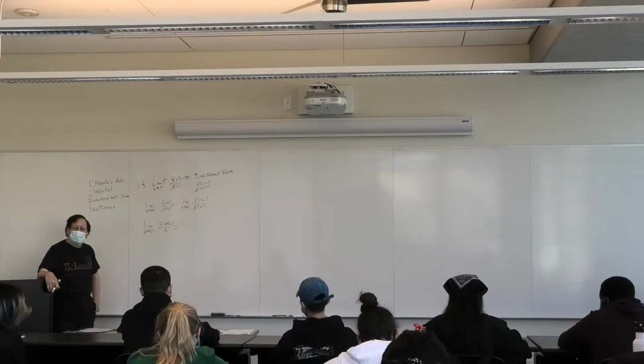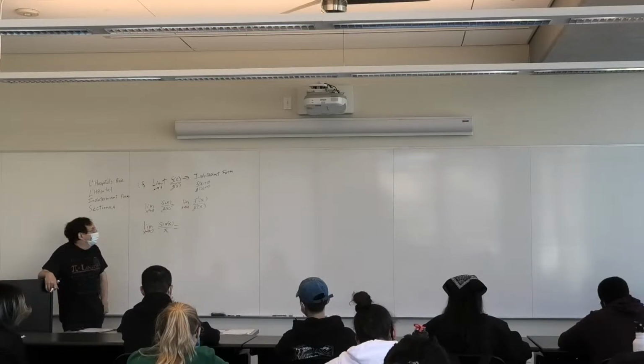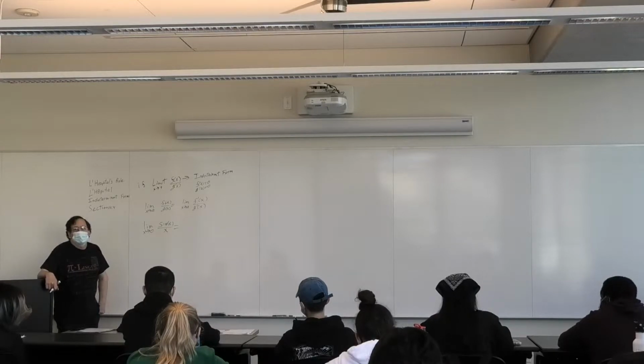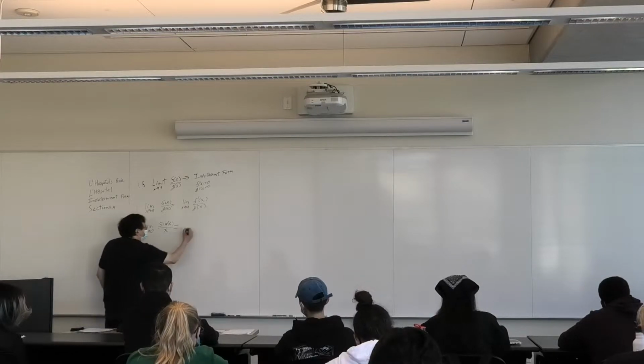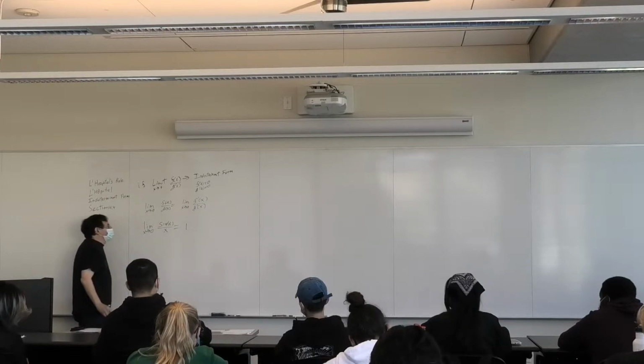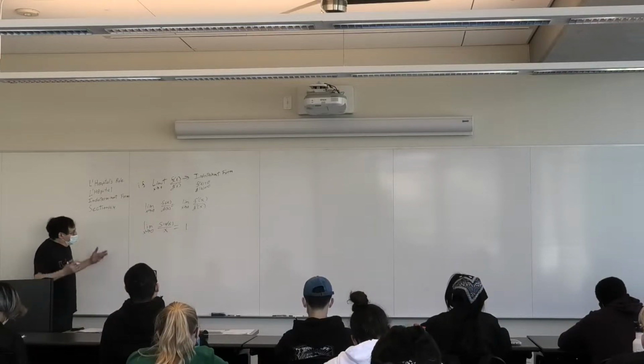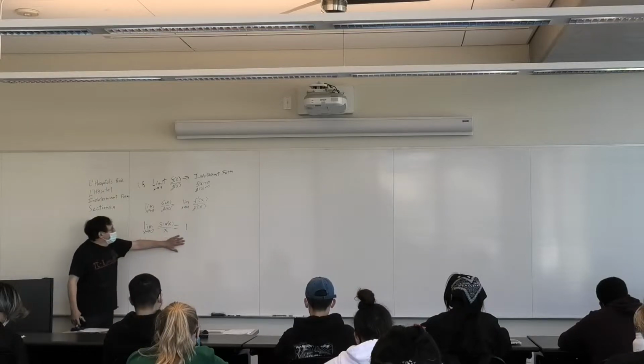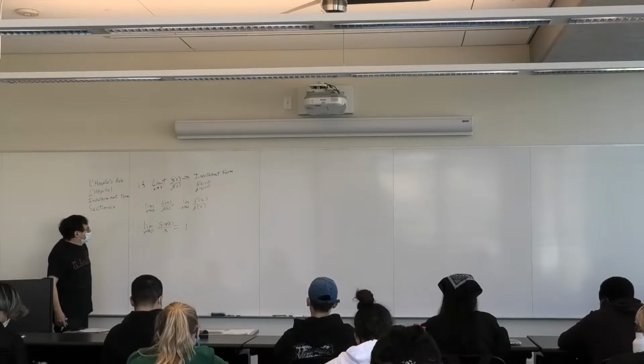Can you recall the value? Okay, this is a good one to know. We did a kind of geometric proof demonstration that this is 1. But using L'Hopital's rule, let's see how we would evaluate this.